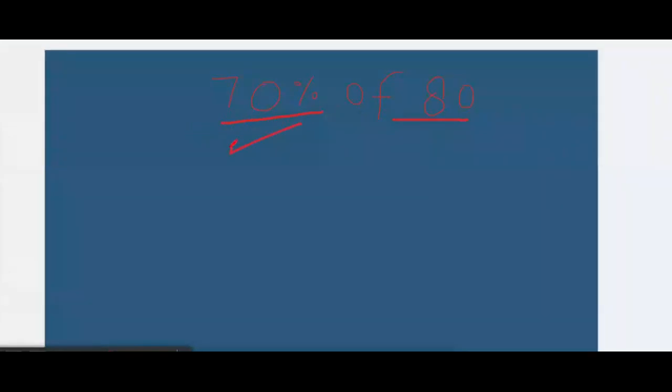In this case, we will first write the question, 70% of 80. First, we will find an answer by using the formula method. Now write 70 as it is. Remove the percentage sign. When we remove this percentage sign, we will write 100 in the denominator.